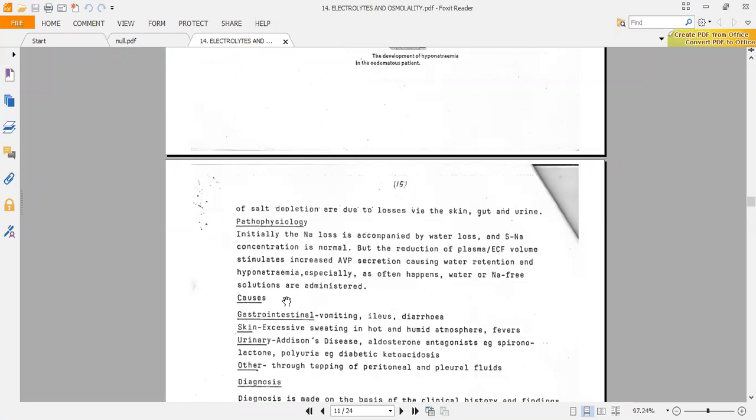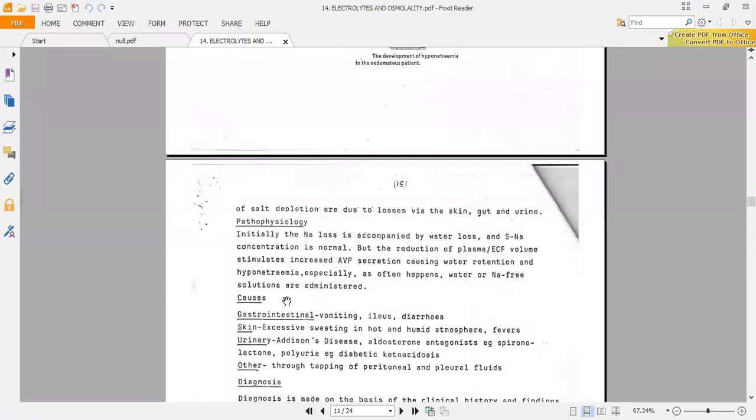Now, yesterday, if you remember, we said that aldosterone is a hormone which aids in the reabsorption of sodium at the expense of potassium and hydrogen, right? I'm sure you remember that. Good.